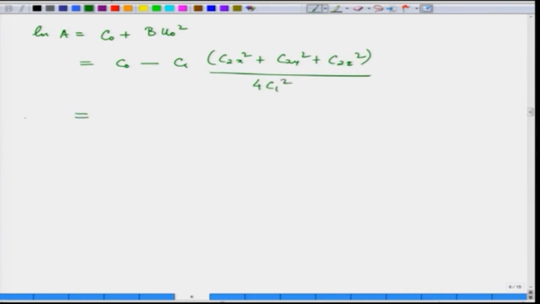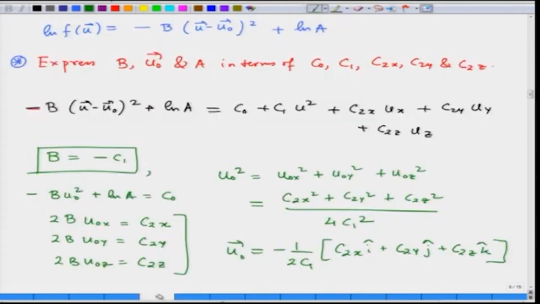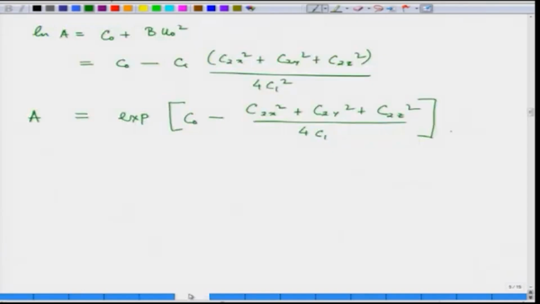So, that will be giving A is equal to exponential of C0 minus (C2x square plus C2y square plus C2z square) by 4 C1. Okay. So, finally, we could express all the constants b, a and u0 in terms of the C's.